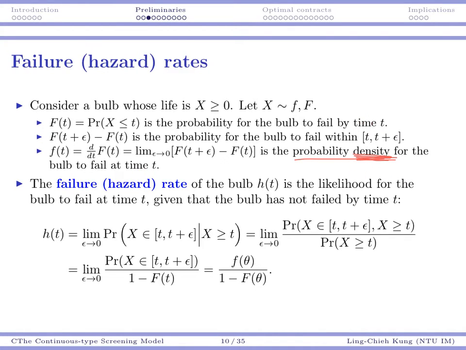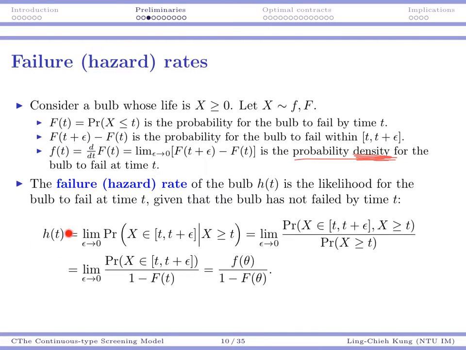Anyway, the failure rate of the bulb, which is defined as h of t, is the likelihood for the bulb to fail exactly at time t, given that the bulb has not failed by time t. Basically at each time moment, I ask, what's the rate for the bulb to fail exactly at this moment?